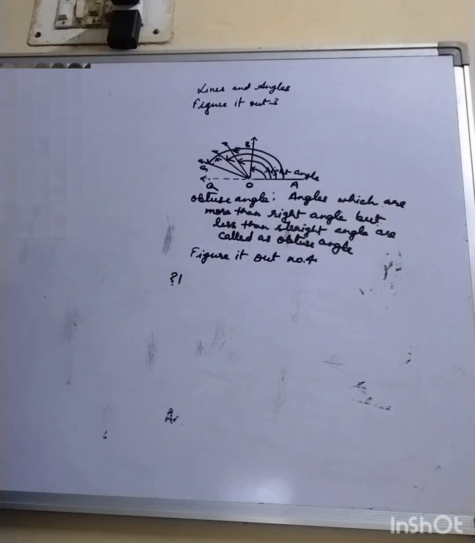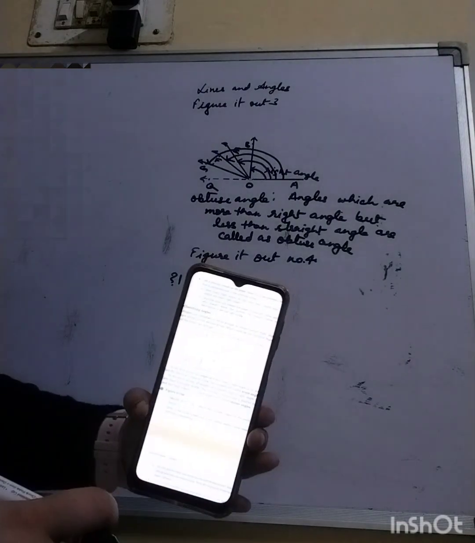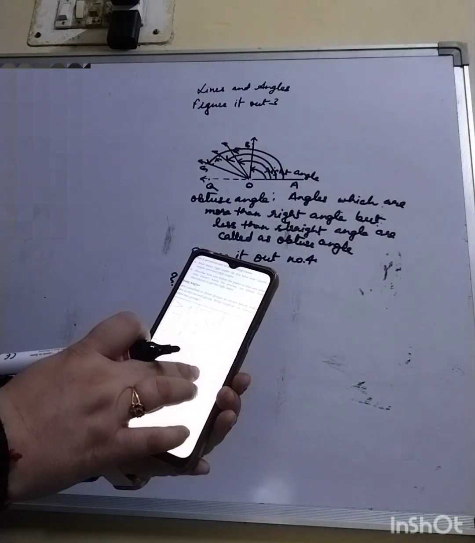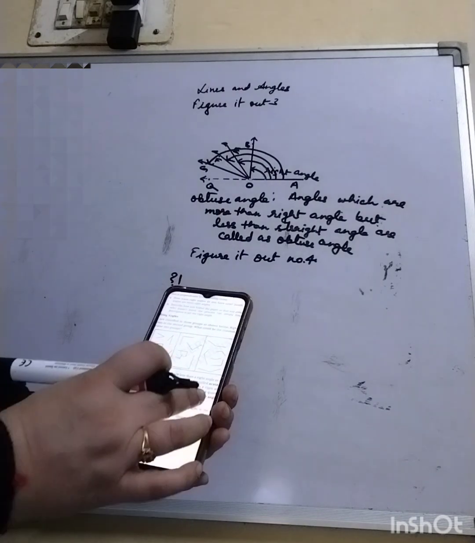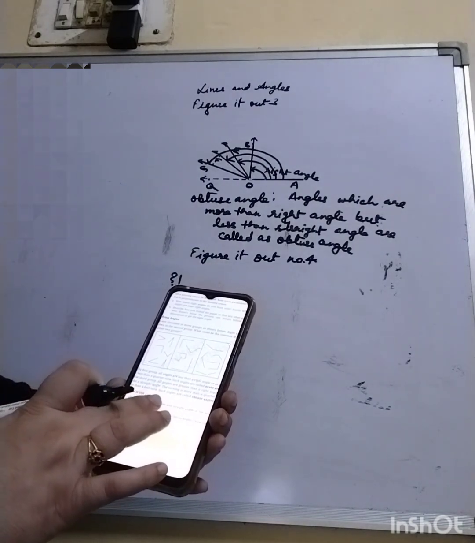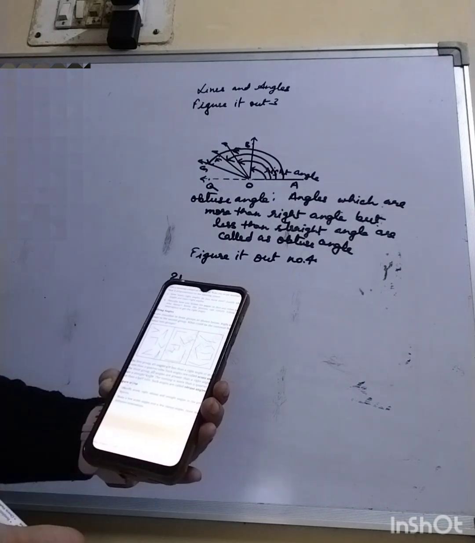Question number 1 is, now see the boxes. I would show you the box here. These are the boxes. You have to identify acute, right, obtuse and straight angle.